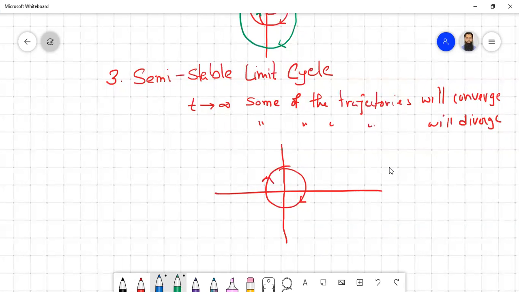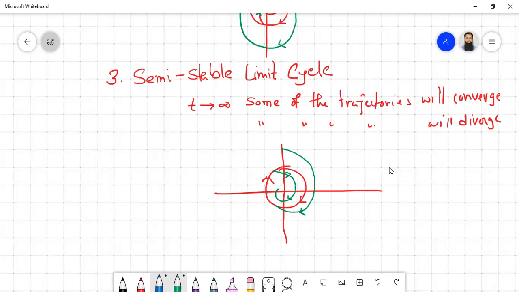Outer periphery, it is always converging. Okay, so this is the one. And from the innerwards, it will be diverging towards the origin. Okay, so in some way it is stable. From the outside, it is going to the limit cycle, and from the inside, it is actually diverging.